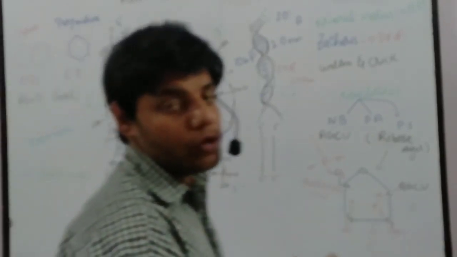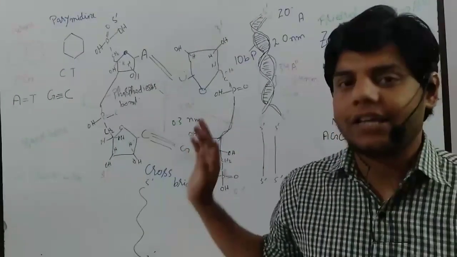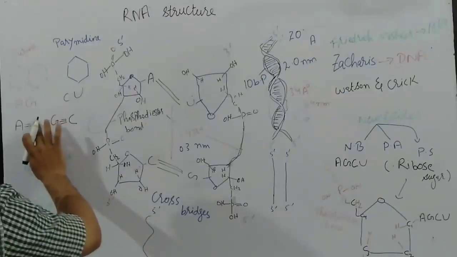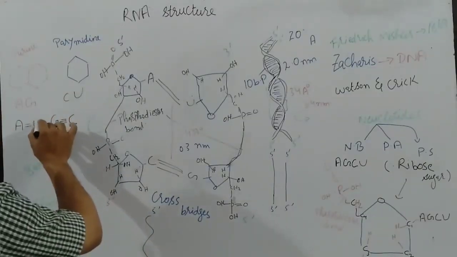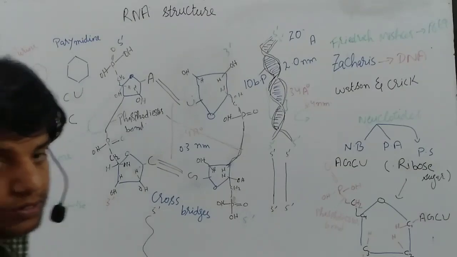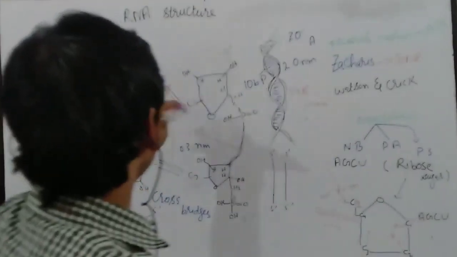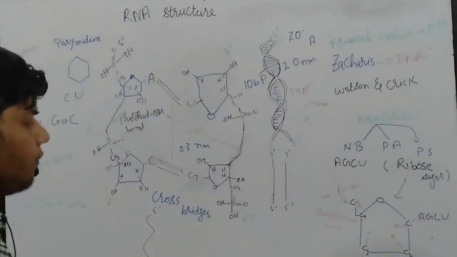If it is a double strand, the other strand will go 3' to 5', just like DNA. And adenine makes a double bond with uracil. So this is the structure of RNA, how RNA will look like.